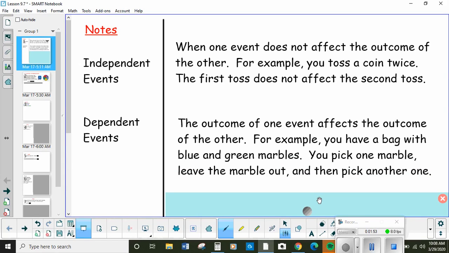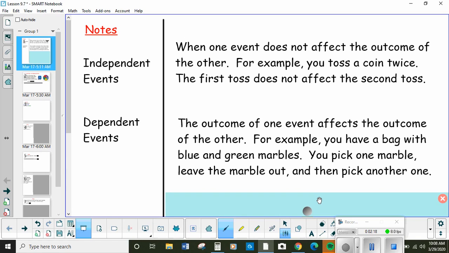Once we look at the other one, it should make more sense if it doesn't. So what does dependent events mean then? For dependent events, the outcome affects the outcome of the other one. For example, let's say I had a bag with marbles in it, and I was picking the marbles. You pick one marble, and then you leave that marble out.